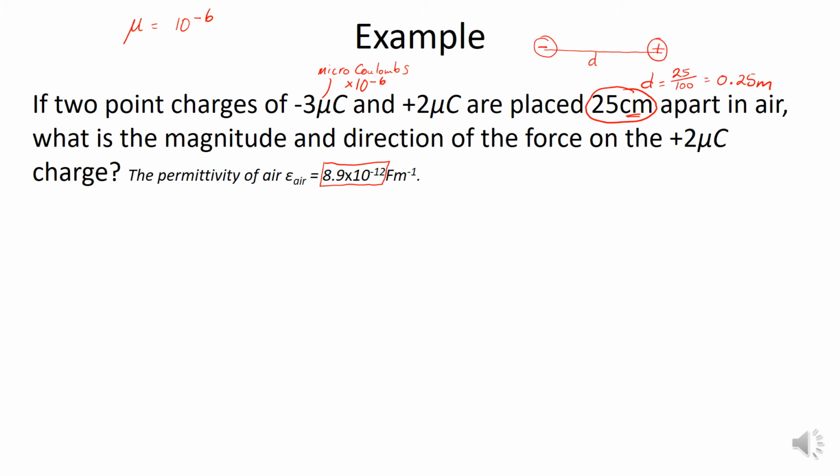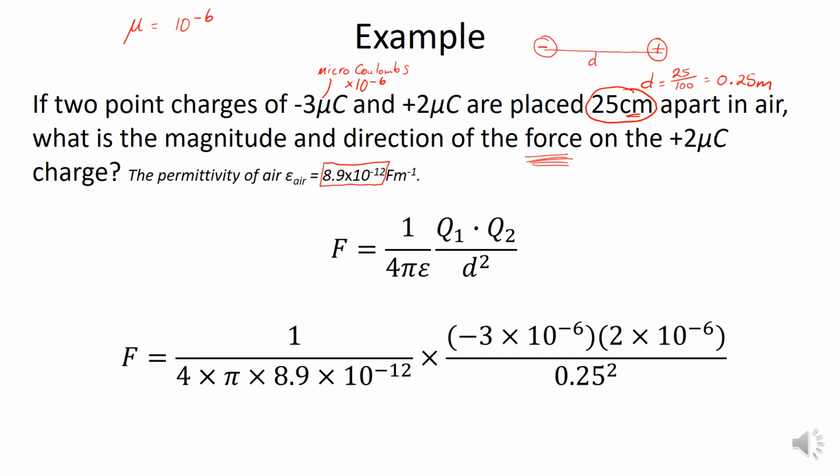So first you recognize this is Coulomb's law because the word force is mentioned. So you would write down from the formula books your formula for Coulomb's law. The second step then is to insert the correct figures in the correct place. So this is what we have here. The first part of it is 1 over 4 times pi.